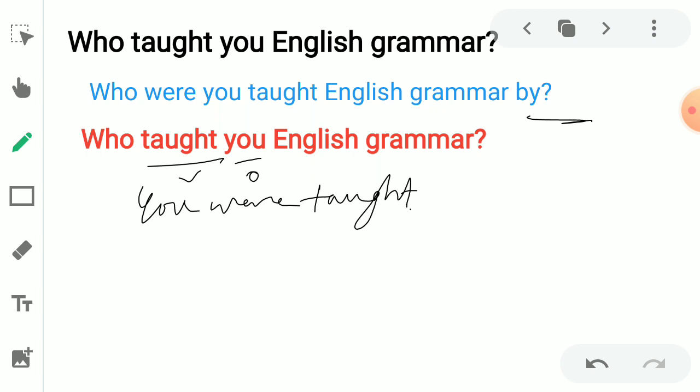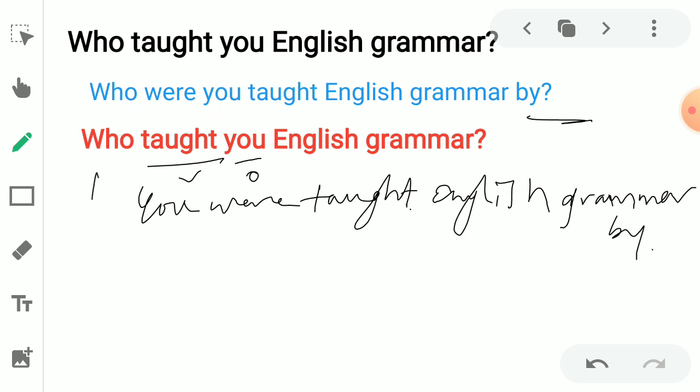You were taught English grammar by, at the end put a full stop. Next step, you just take WH at first, who. Then you search the helping verb. Here the helping verb is were.